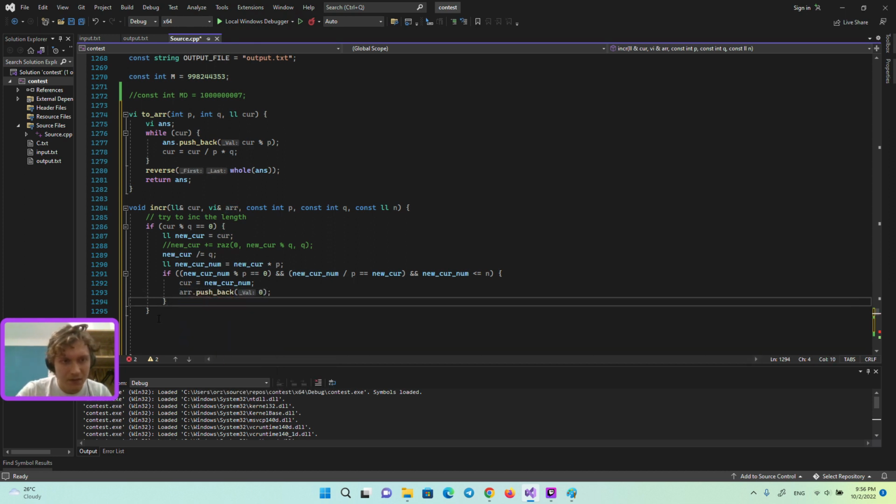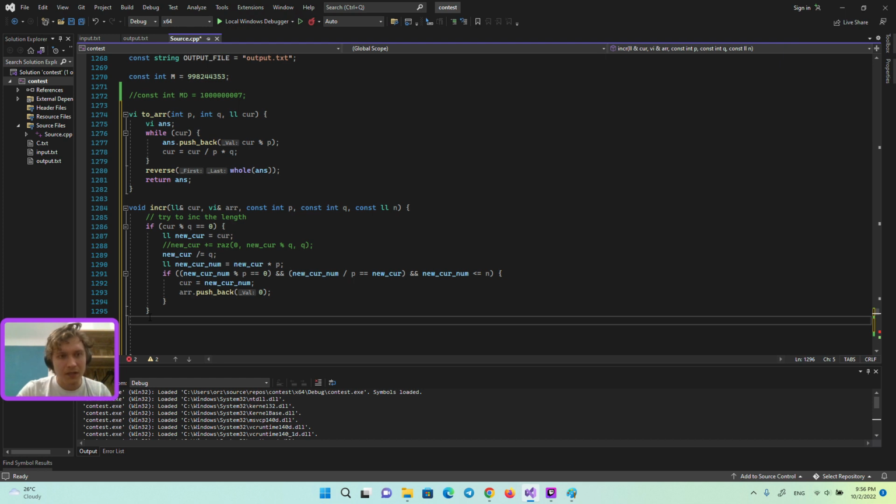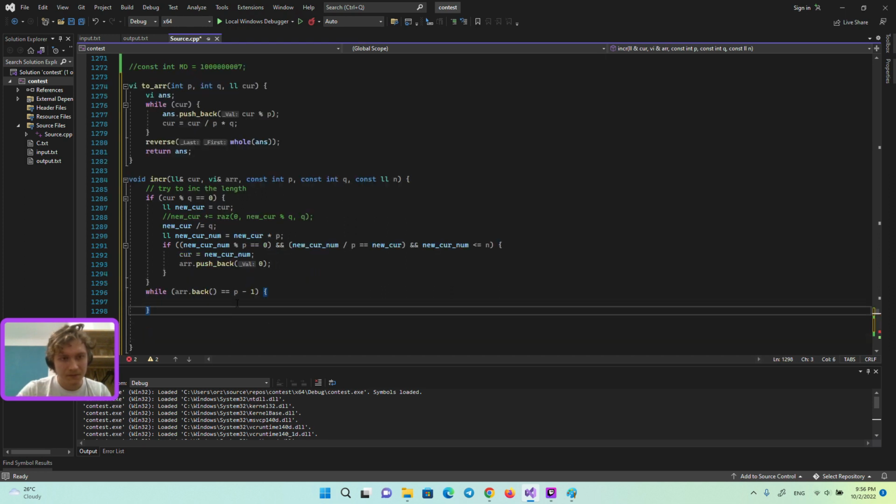Great. And if this is impossible, then I say while r dot back equals p minus 1, and I can increase it.